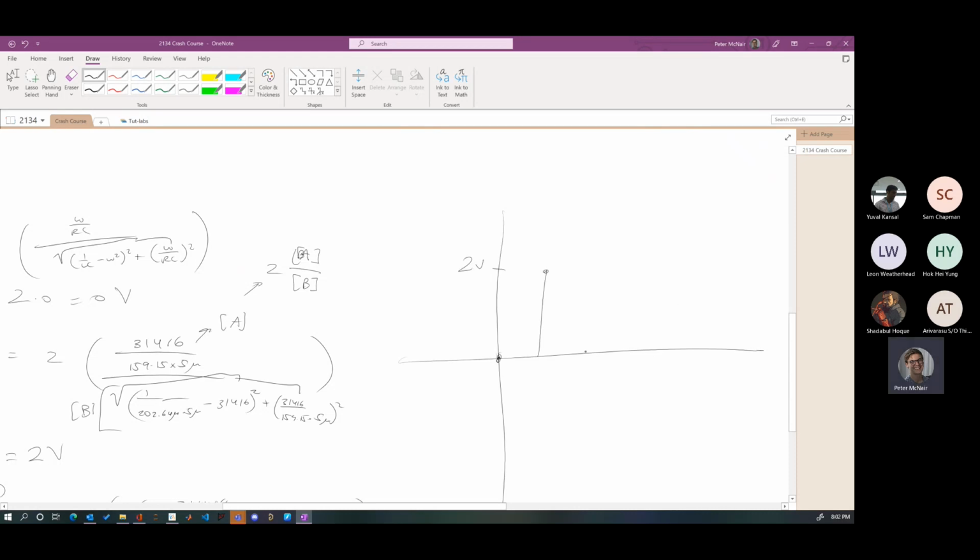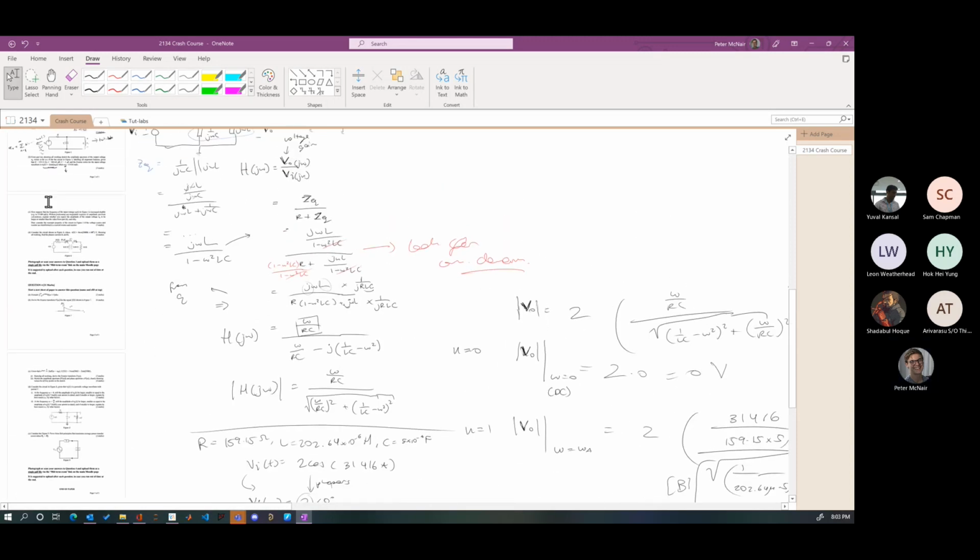And then at 2 omega A, so this is omega A, it's at 0.05 volts. And then at 3 omega A, it's at 0.03, and then 4 omega A, 0.02, etc., etc. And that's all we really need for this question.